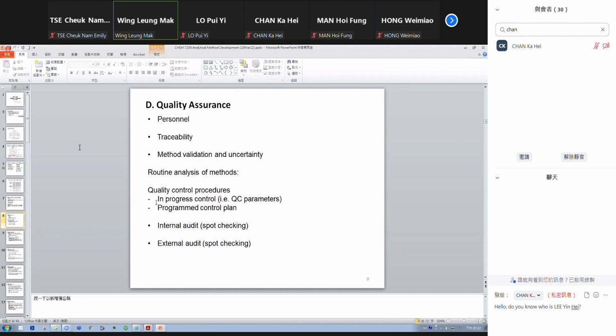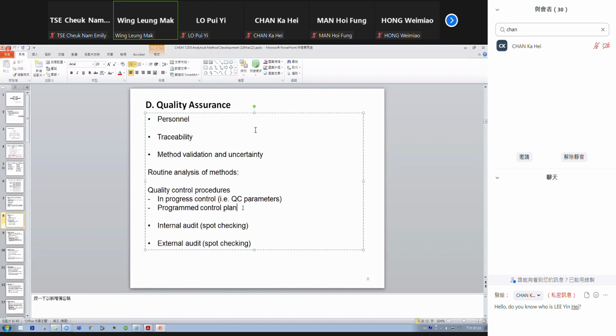Normally we call it the in-process control or inline QC. That means the QC analysis should be associated with the sample analysis in parallel. Okay. It is a programmed control plan.